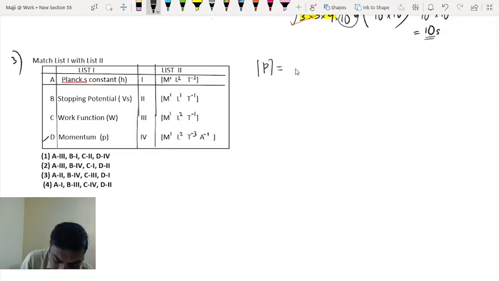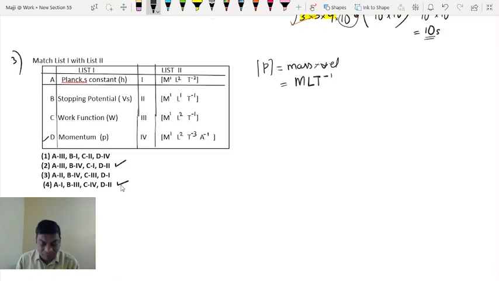So momentum is nothing but mass into velocity. You all know. So mass is M, velocity is L T power minus 1. So M L T power minus 1 is the second option. So out of second and fourth, we have to choose one more.